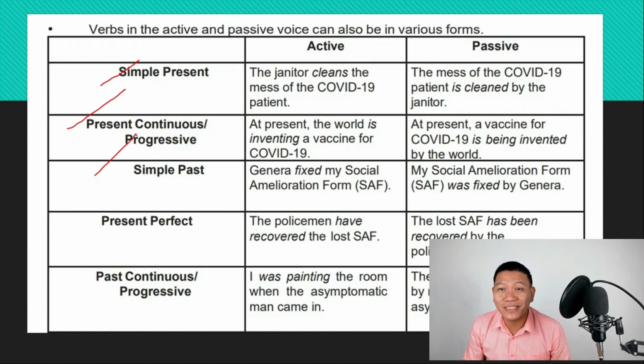So done. Next, simple past. Recall the form of the simple past verbs. Example, Genera fixed, simple past, just add D or ED. My social amelioration form. Okay, Genera is the one who fixed the social amelioration form. So when we convert it, same process.